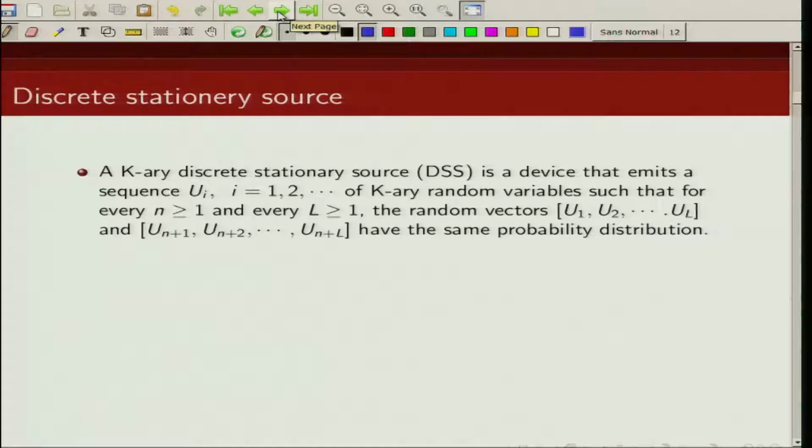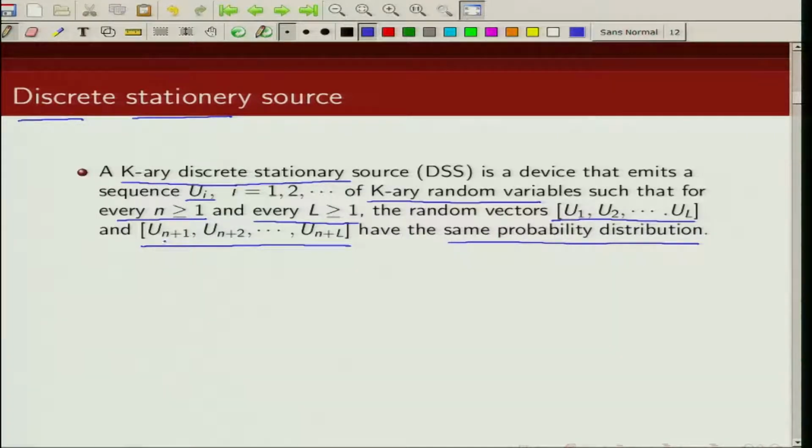So what is a discrete stationary source? As you can see, it's discrete and stationary. A Q-ary discrete stationary source emits a sequence U_i which consists of Q-ary random variables such that for every n greater than or equal to 1 and every L greater than or equal to 1, the random vector (U1, U2, U3, ..., UL) and the random vector (U_{n+1}, U_{n+2}, ..., U_{n+L}) have the same distribution.